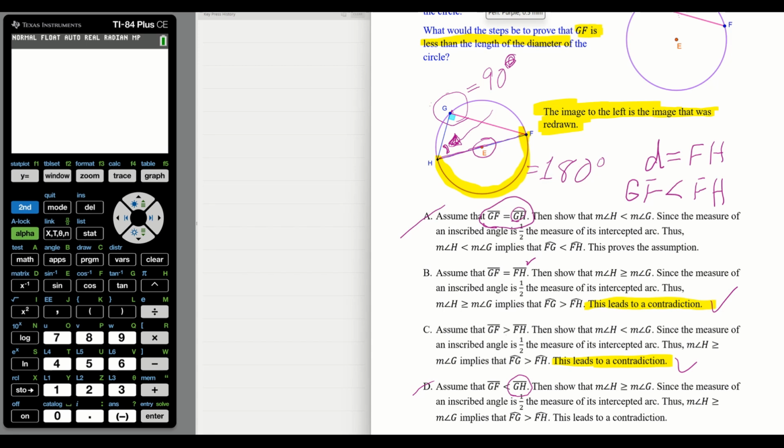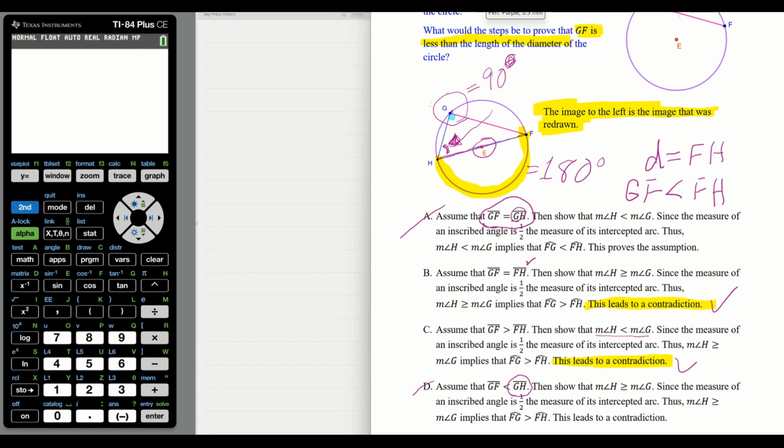Now assume that, the lettering is correct, and you can assume anything you want in most cases. Then show that the measure of H is less than G. But that's not a contradiction.